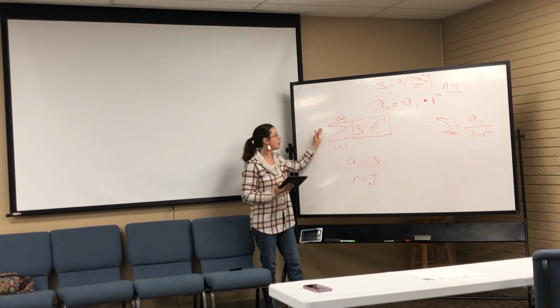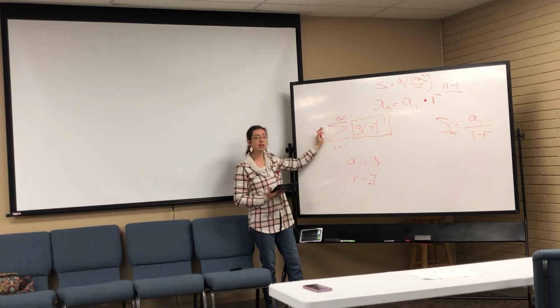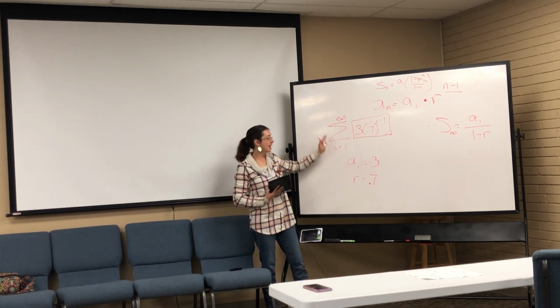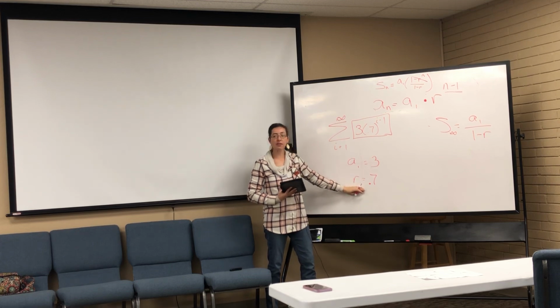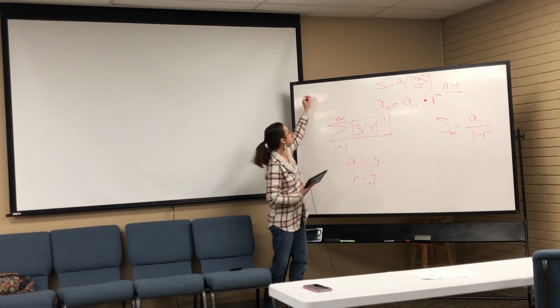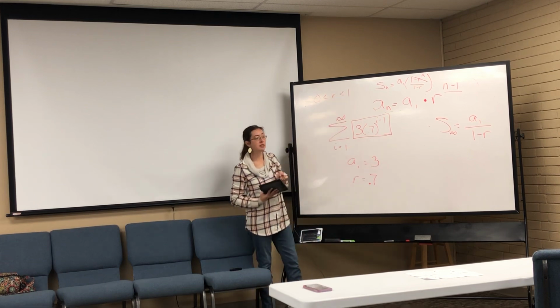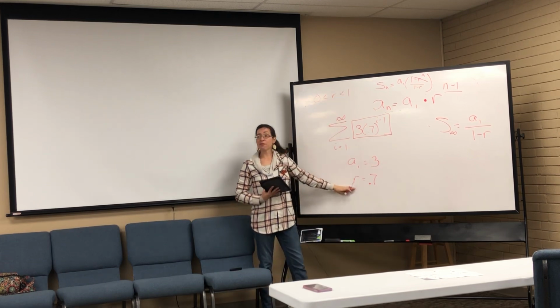So, first, can we find this sum? Joshua's saying yes. Yes, our r value is 0.7. What is the rule to be able to find the sum? r has to be a fraction, right?